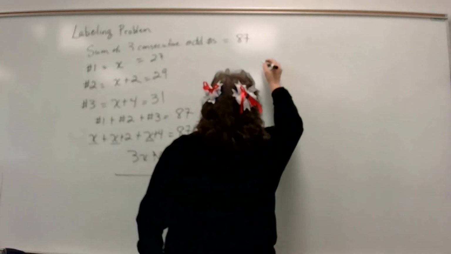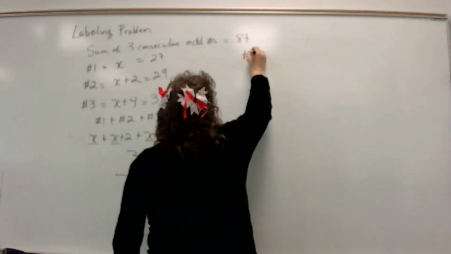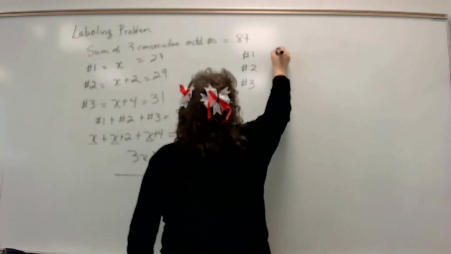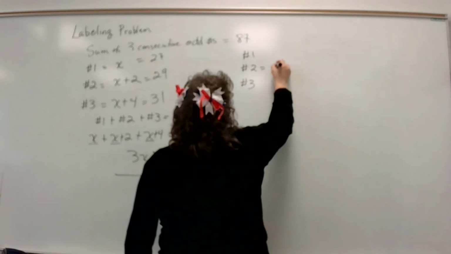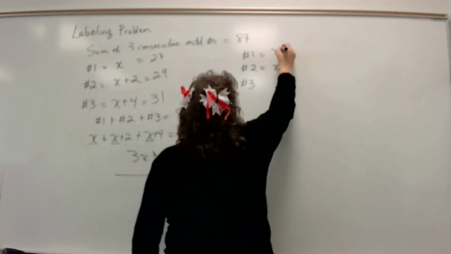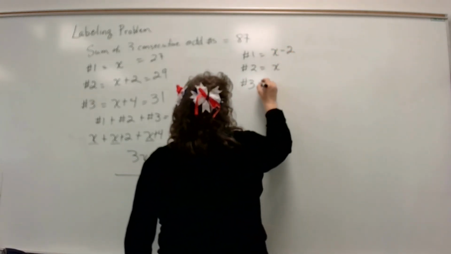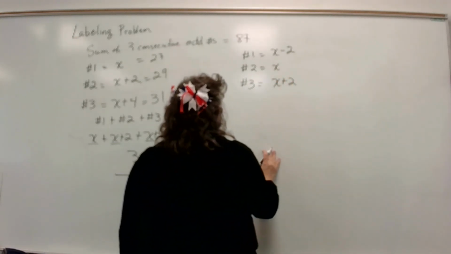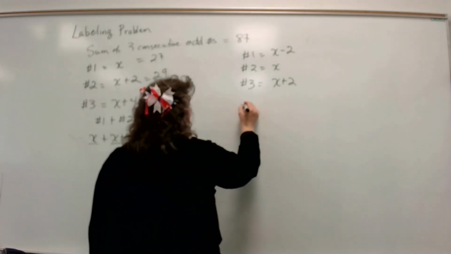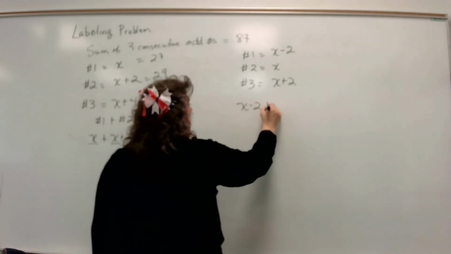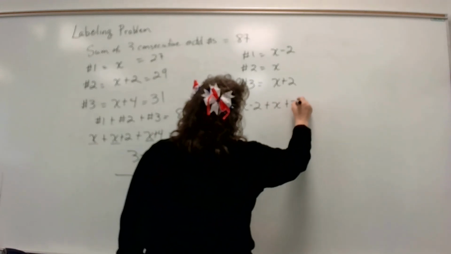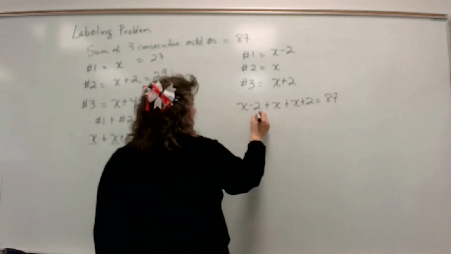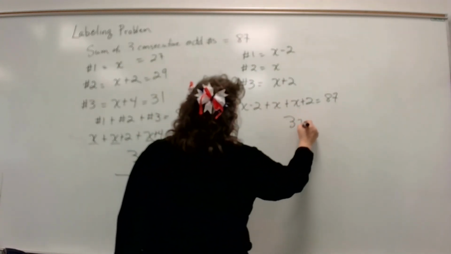What if we did the other way and had number 1, number 2, and number 3? This makes number 2 is equal to x. Number 1 is x minus 2 because it's 2 less. And number 3 is x plus 2. So now what happens when you do it? Well, x minus 2 plus x plus x plus 2 is equal to 87. x plus x plus x is 3x.